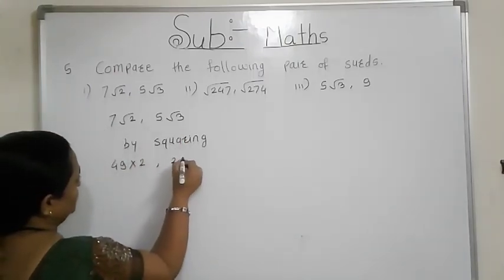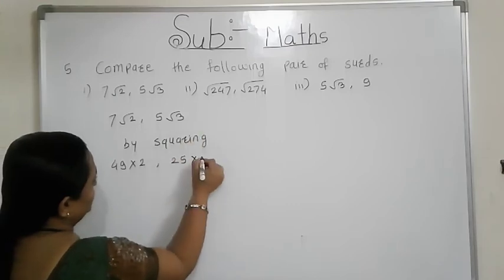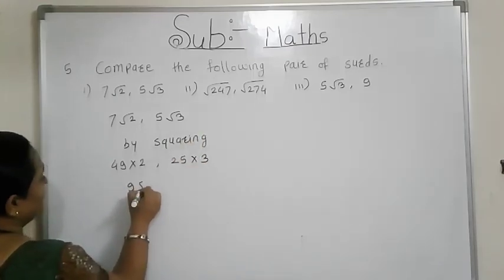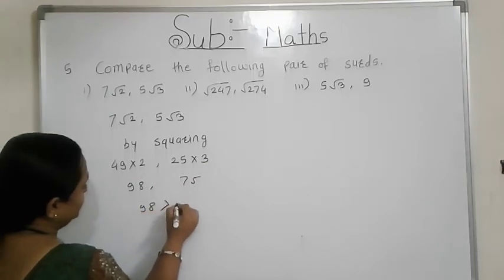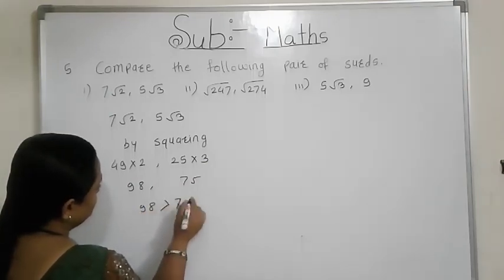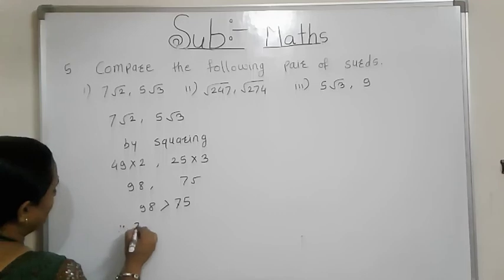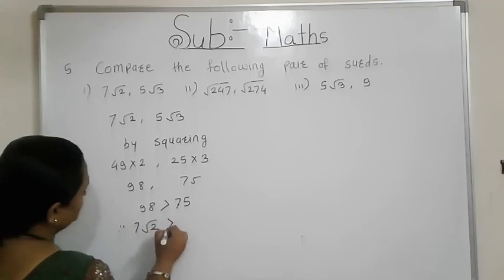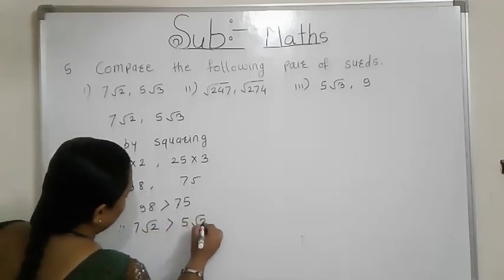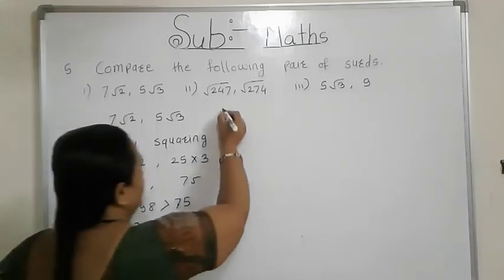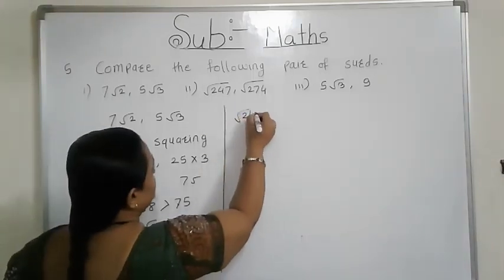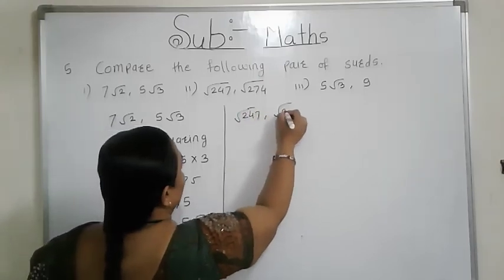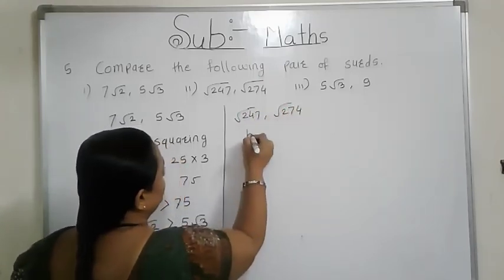On this side 5 square is 25 and root 3 square is 3. So we get 98 and 75. 98 is greater than 75. Therefore 7 root 2 is greater than 5 root 3. Now see the second example, root 247 and root 274.